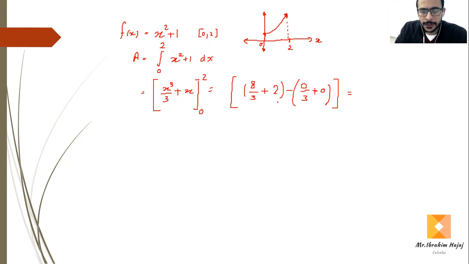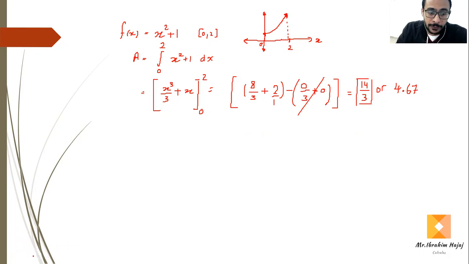We multiply up and down by 3, so we have 8 over 3 plus 6 over 3, which is 14 over 3. And we can find it as a decimal: 14 over 3 is 4.6666 and continuing, so let's say 4.67.